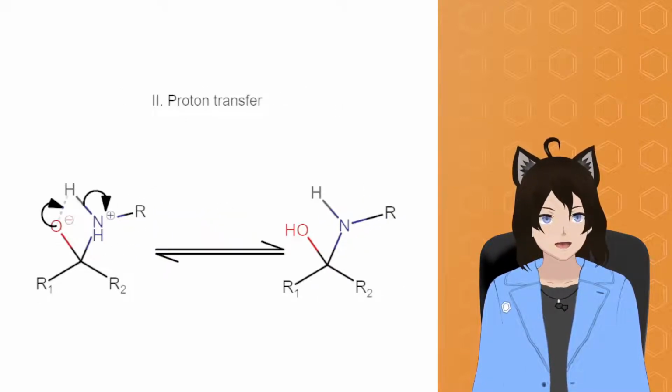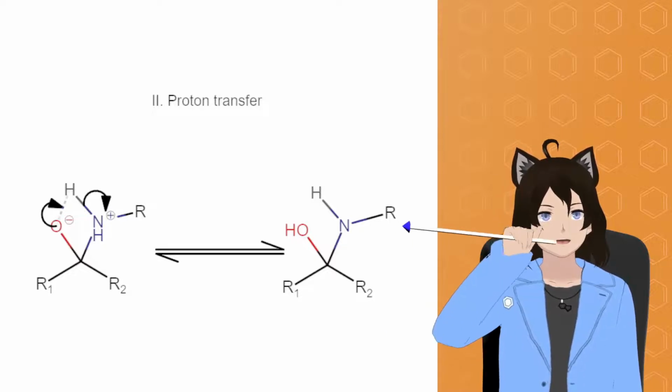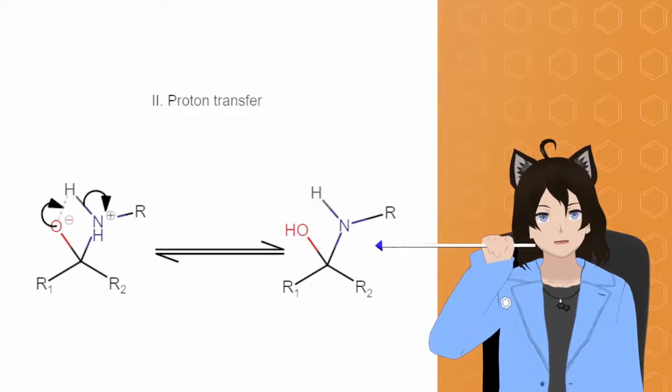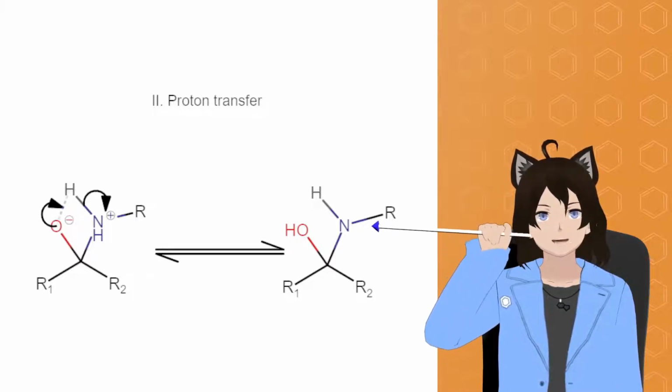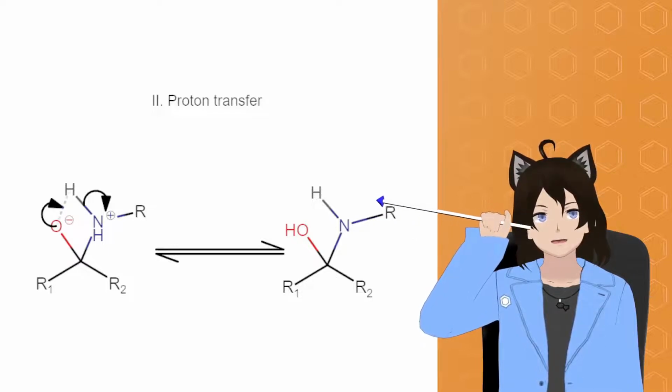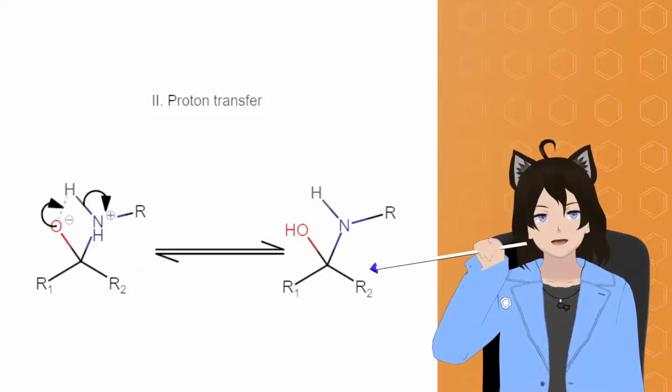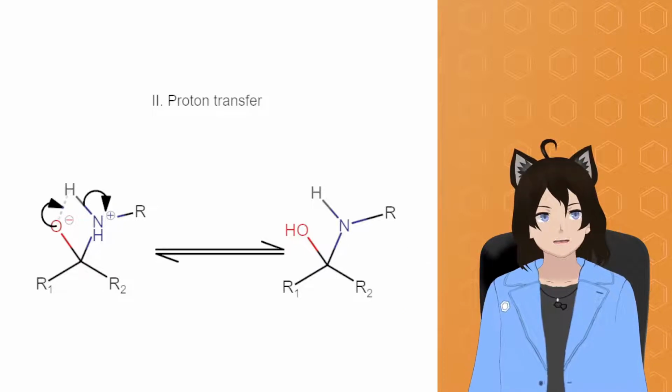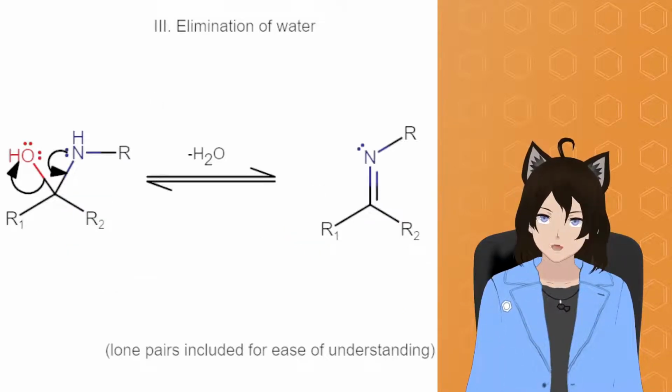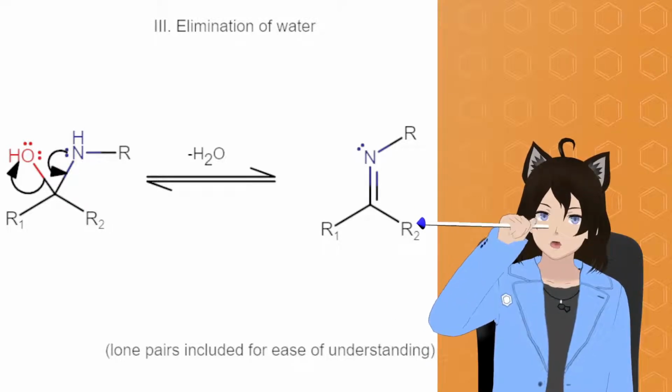The intermediate compound is pretty unstable and almost immediately undergoes a proton transfer. The oxygen on the left abstracts a proton from that nitrogen over there, forming this intermediate compound called a geminal amino alcohol or carbinolamine.